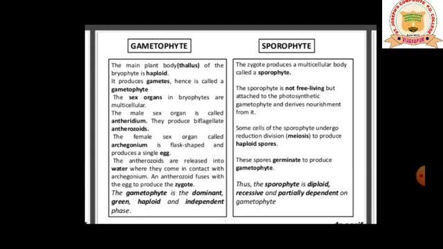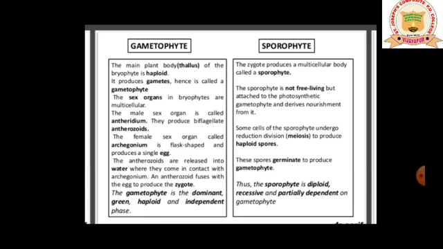So, my dear students, being the sporophyte where division is going to occur, it will be recessive in nature. It will not show its character. The gametophyte is dominant, so we call bryophyte a gametophyte also because it is dominant, haploid and an independent phase. It can go for production of the sporophyte.